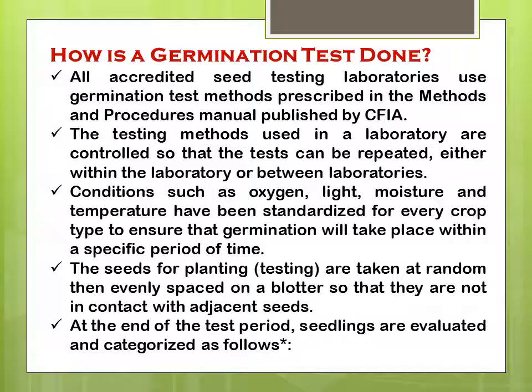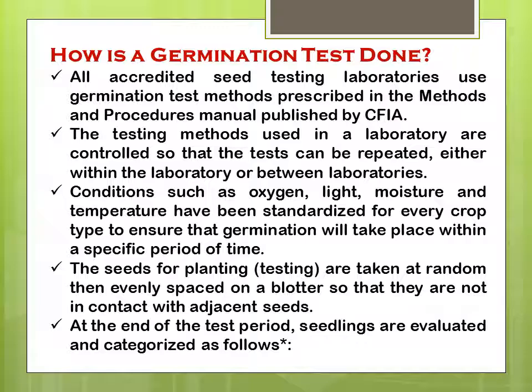Conditions like oxygen, light, moisture and temperature have been standardized for every crop type to ensure that germination will take place within a specified period of time. Every plant has a particular germination period. Suppose you have sown the seed, how long do you have to wait to get the radicle and plumule?